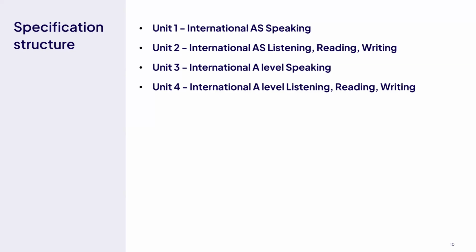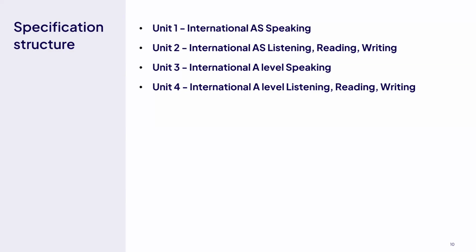So actually they do what they're ready to do when they are ready to do it. All of the units are assessed in the centres, so the students do the exams in the centres, but they're all marked externally by Pearson. And it's you as the student's teacher that conducts the speaking test.